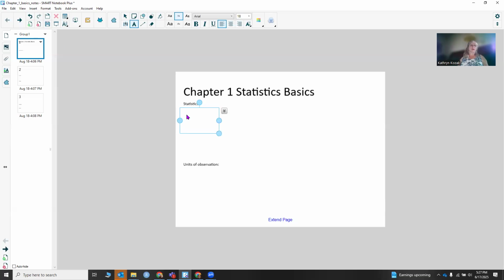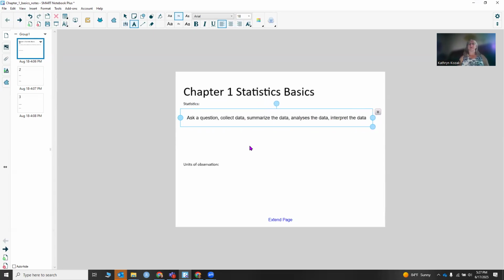of statistics. Statistics is where you first ask a question, collect data, analyze it, summarize the data, analyze the data, interpret the data, and then answer your question.